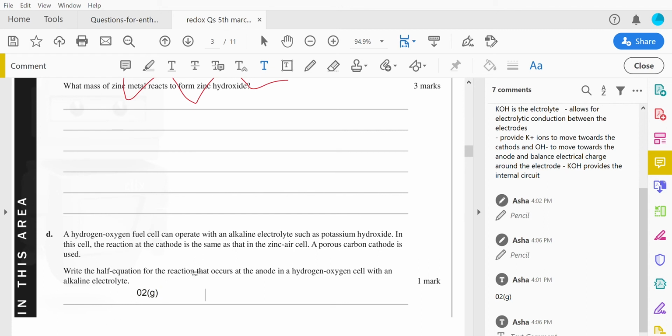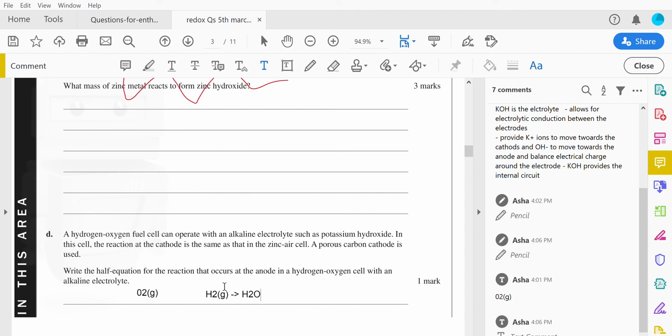So we know what happens in the hydrogen-oxygen cell. We get hydrogen and oxygen gas and we produce water. We need to say what happens at the anode. Well, we are going to go from hydrogen gas, H2, and we are going to produce, as an end product, H2O.